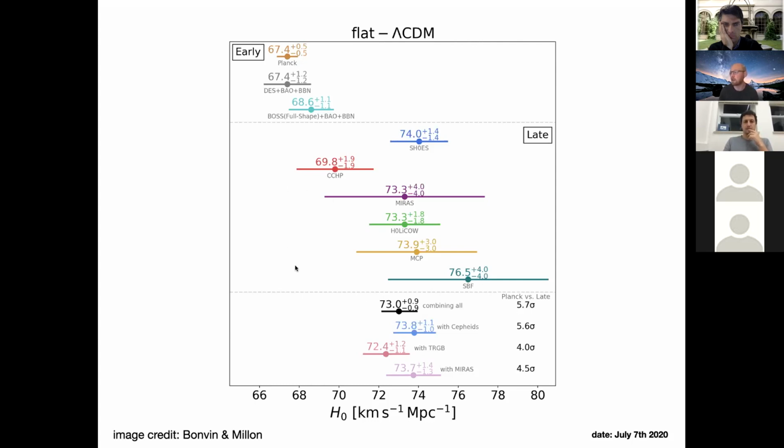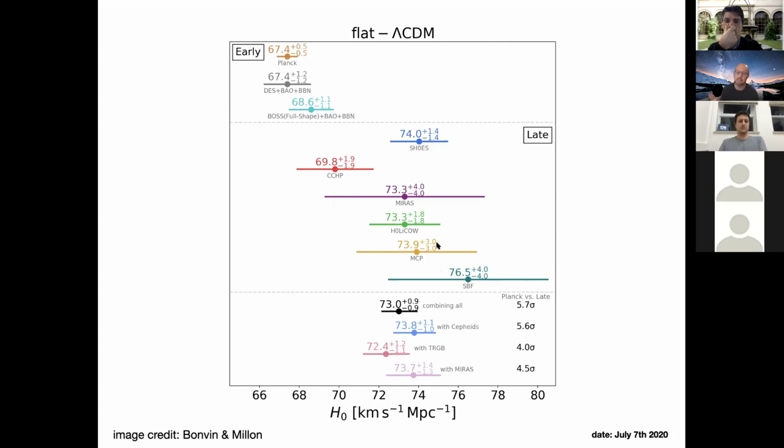Then there are other measurements: one uses Mira variable stars, the Megamaser Cosmology Project effectively uses accretion physics around quasars to calibrate, and surface brightness fluctuations as well, with slightly less precision.